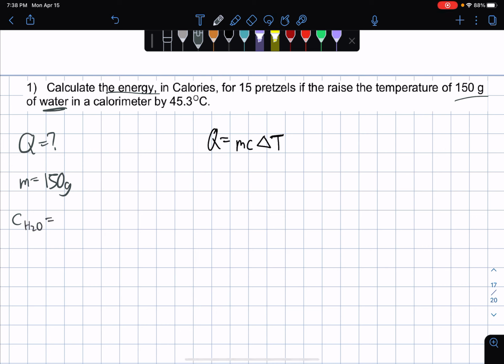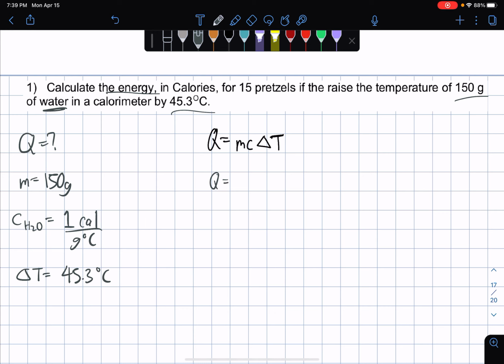Specific heat of water, again, is 1 calorie over gram times degrees Celsius. And the change in temperature that we have is 45.3 degrees Celsius. So we got everything that we need.